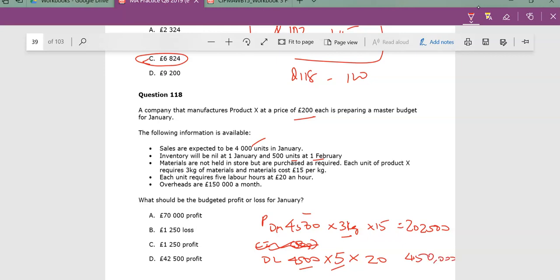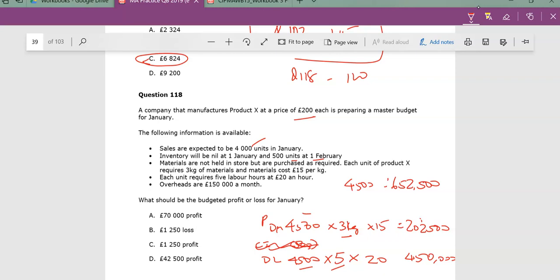So I now have my total cost, which is therefore 202,500 plus 450,000, and I have 652,500, and that's for 4,500 units.